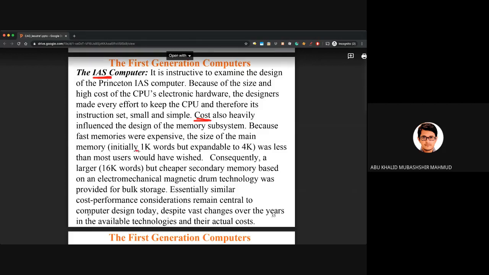At that time, this 1 kilo words of memory was about the most that they could afford, and now we use gigabytes or terabytes of memory. You should calculate how many times we have improved in the memory department from this third generation of computers.